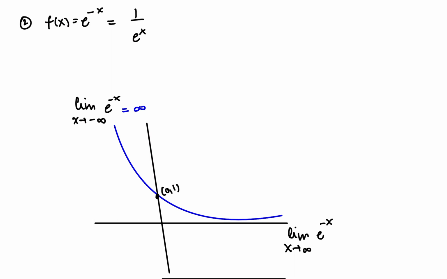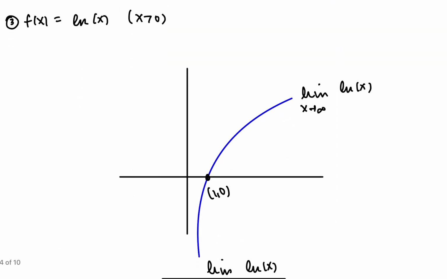So if x goes to negative infinity, this is like 1 over e to something negative, so you can write it on top, going to infinity, growing a lot. And then the limit as x goes to infinity is equal to 0. So again, we still have the horizontal asymptote y equal to 0.